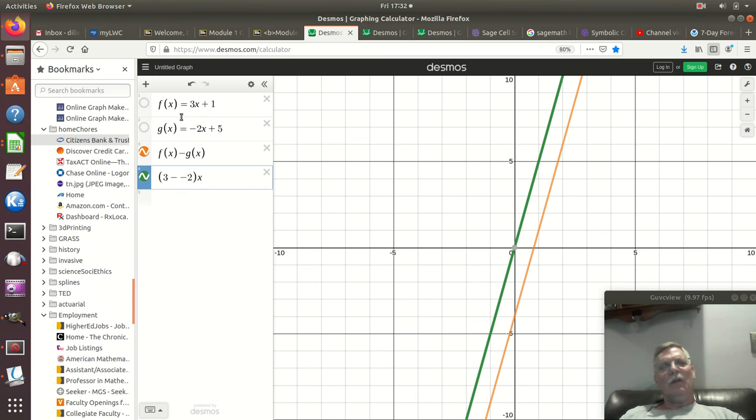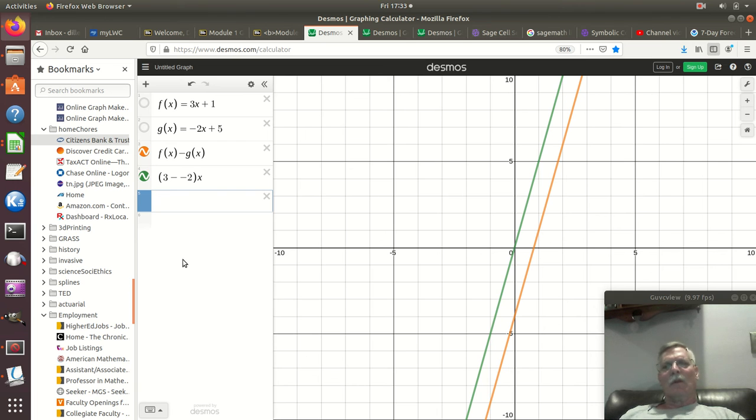If I add two lines together, I just add their slopes to get the new slope. If I subtract two lines, I just find the difference of their slopes. And if I multiply a line by a constant, I just multiply the slope by that same constant to get the new slope. Great. Nice and easy.